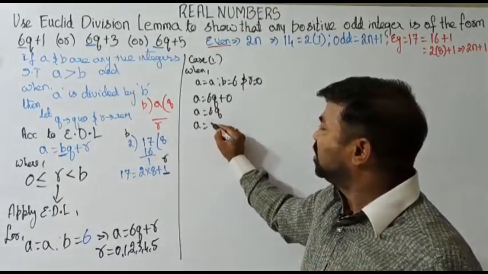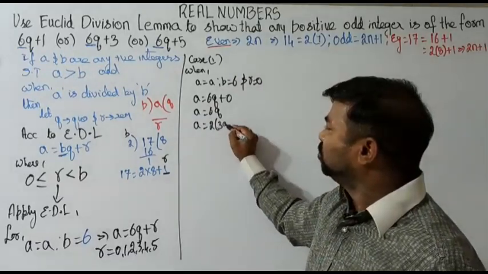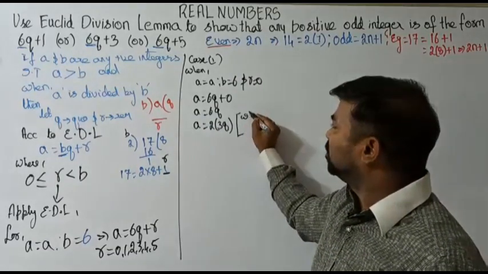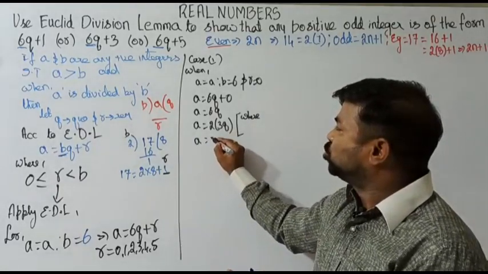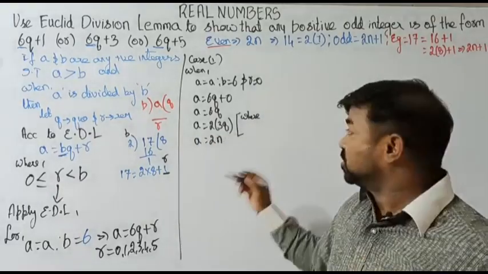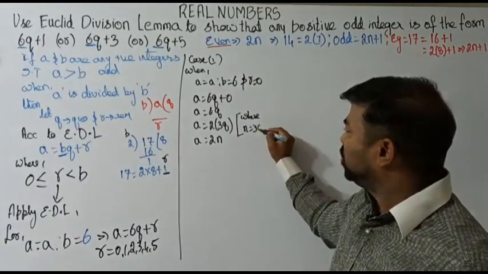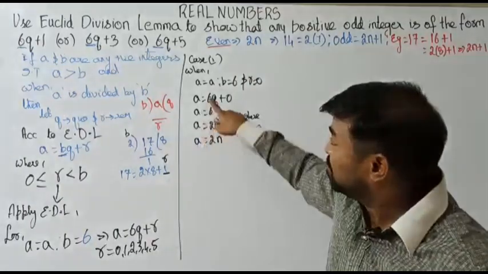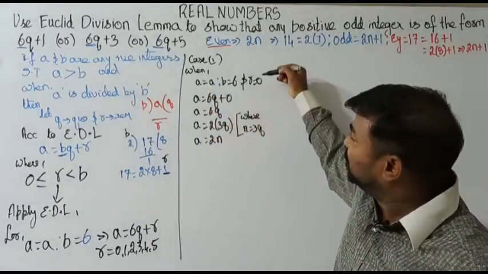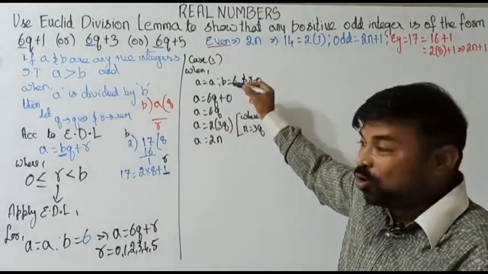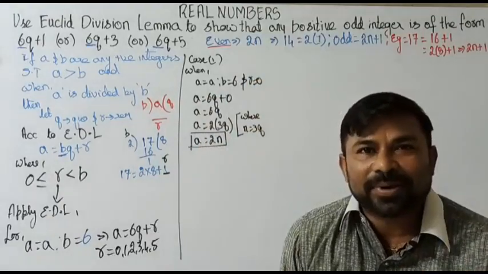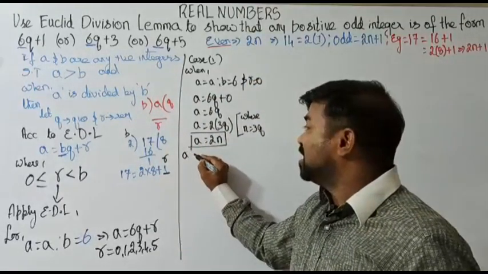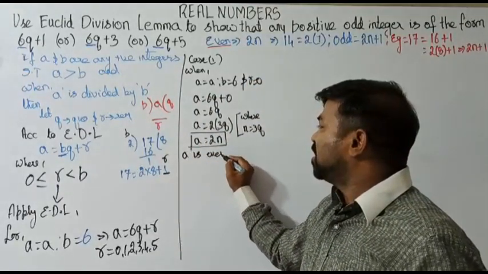Can I write it as a is equal to 2 into 3q? Yes. Or shall I write it as 2 into n, where n is equal to 3q? Yes. When we substitute remainder as 0, we are getting a in the form of a is equal to 2n. What kind of number is it? Here, a is an even number.